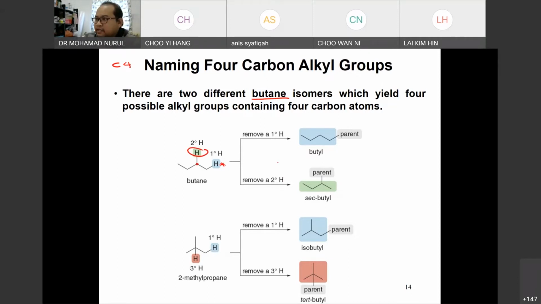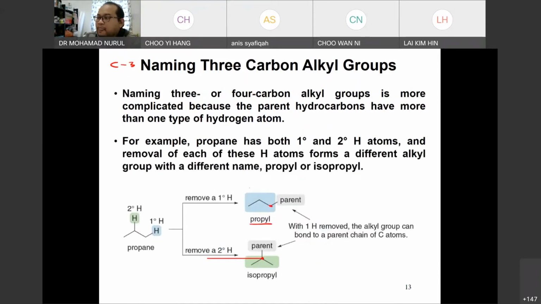Meanwhile, from butane it becomes 2-methylbutane, which means we make another methyl group as a branch. So if we remove 1 proton in this position, it becomes isobutyl, similar to isopropyl.